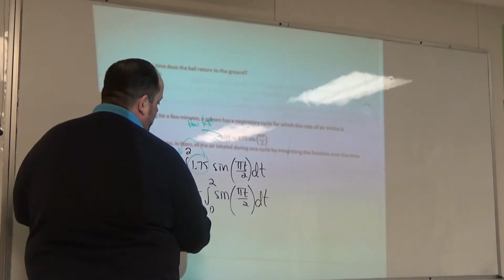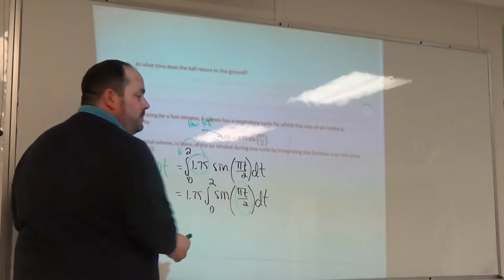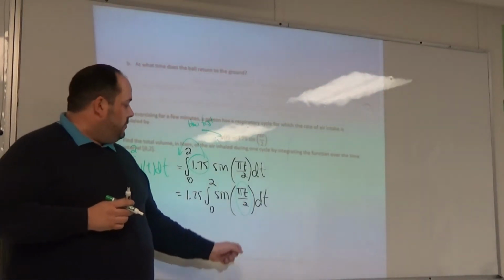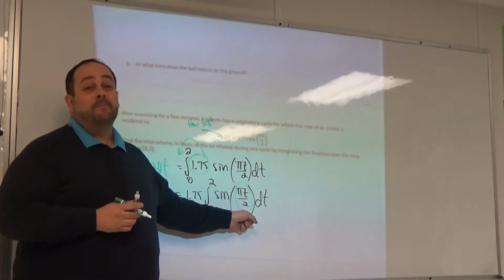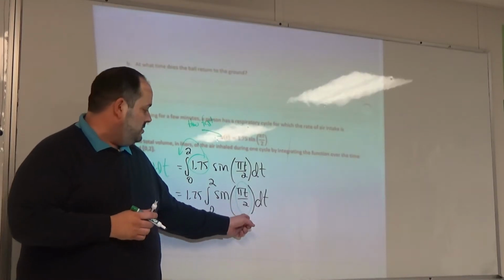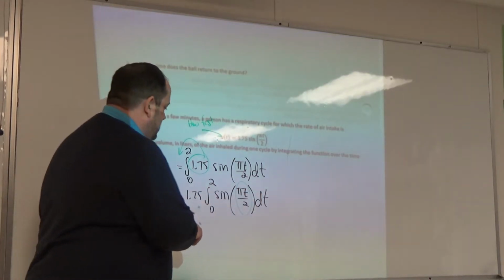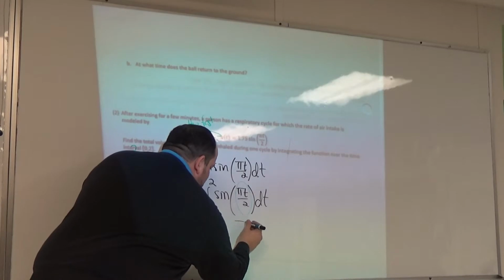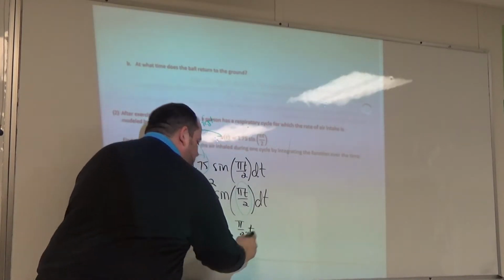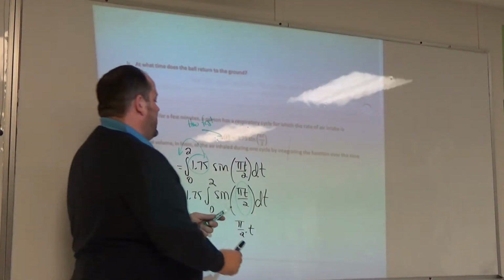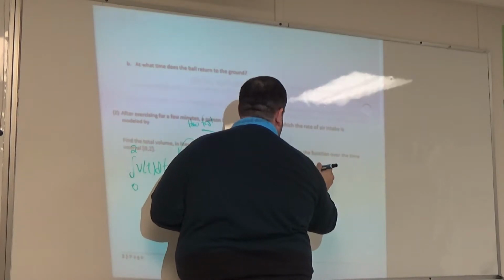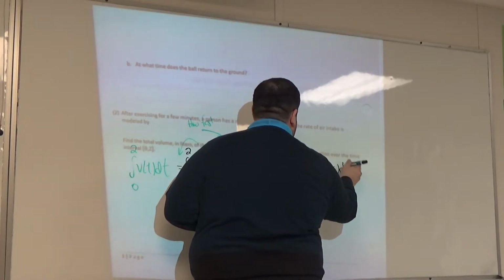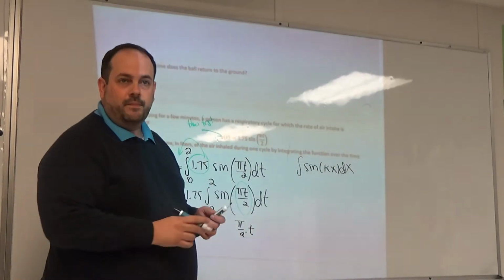Now I want to be careful because this angle is what's going to mess you up. Pi t over 2, Eunice, what's a better way to think about pi t over 2? Pi over 2 times t. This is the same thing as pi over 2 times t. So now it's just a matter of saying, oh, this is just like sine kx, right?